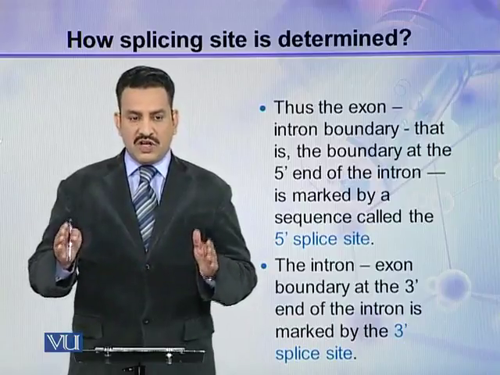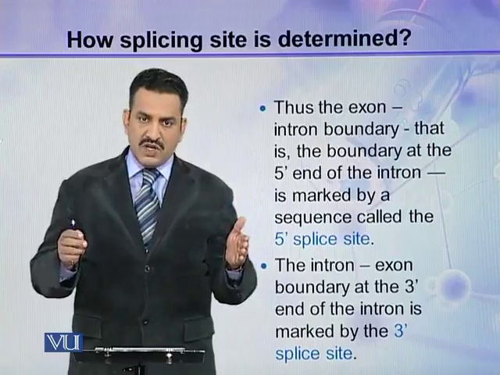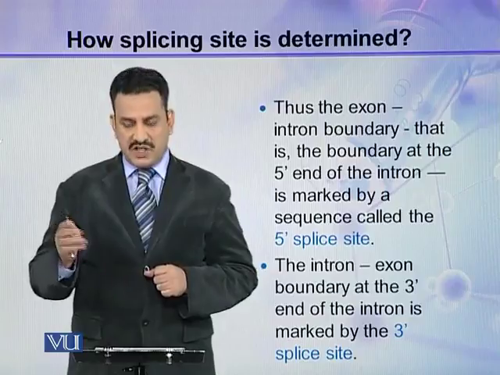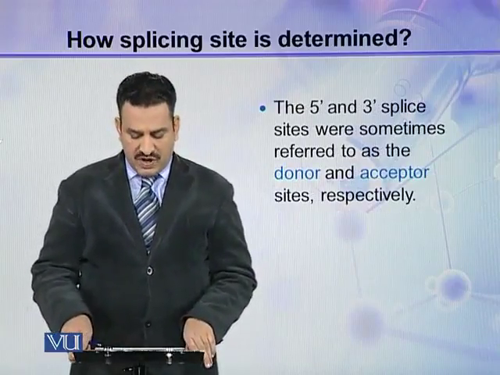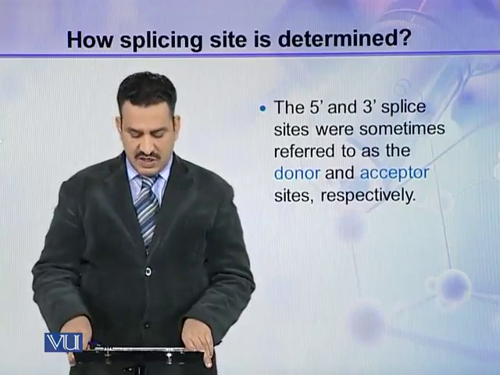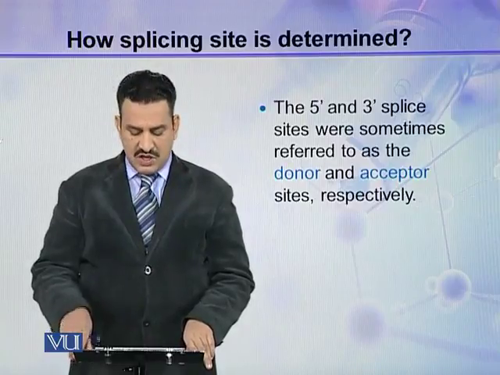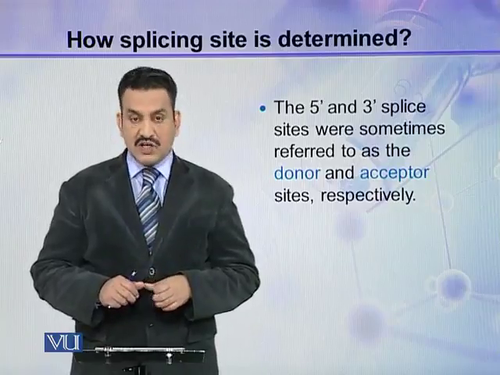So there are two types of splice sites. One is the 5' splice site and the other one is the 3' splice site. The 5' and 3' splice sites were sometimes referred to as the donor and acceptor sites respectively. That is, the 5' site is donor and the 3' site is acceptor.